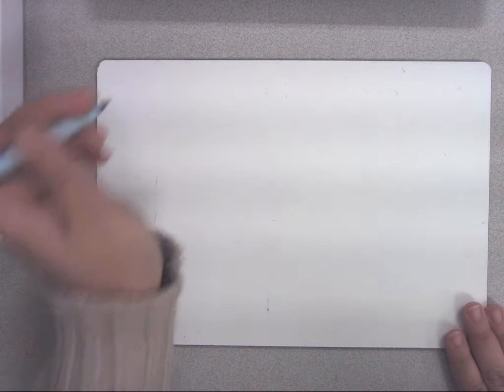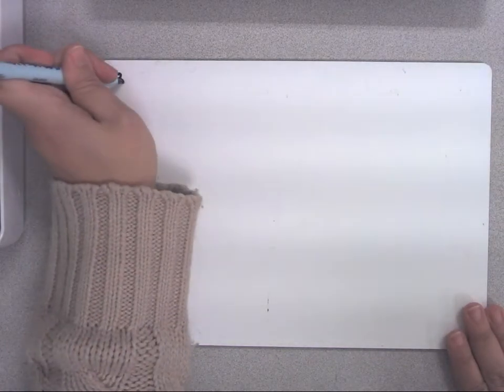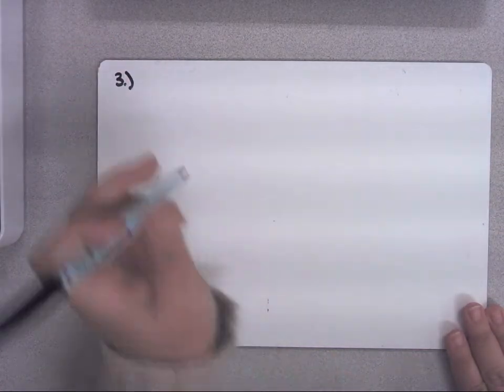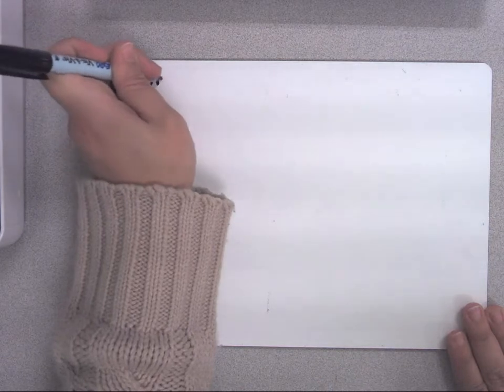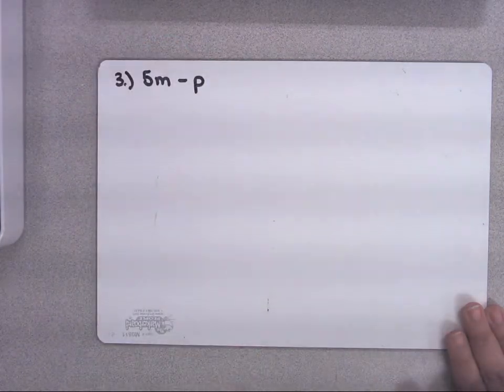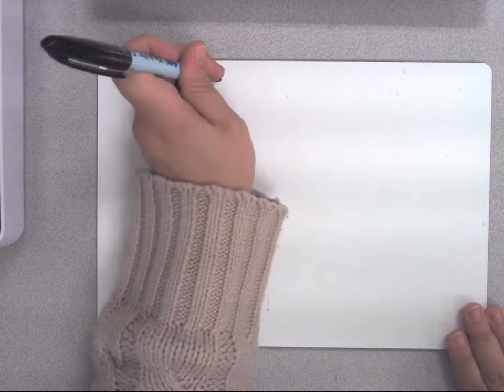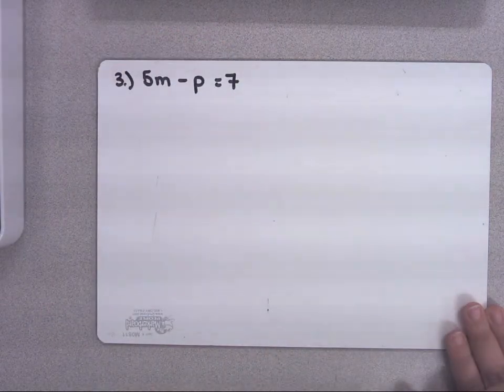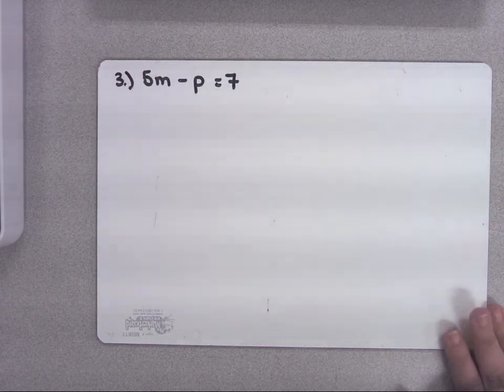Okay, let's try this next problem, okay? How about, this is number 3, right? So how about 5m minus p equals 7. What number, again, is technically in front of that p?